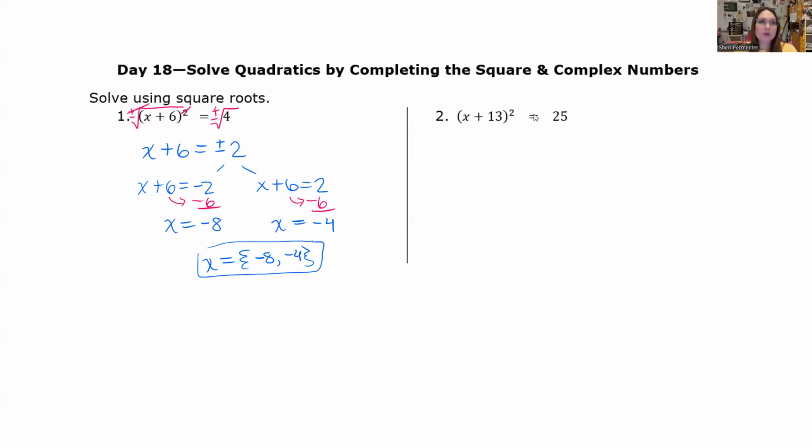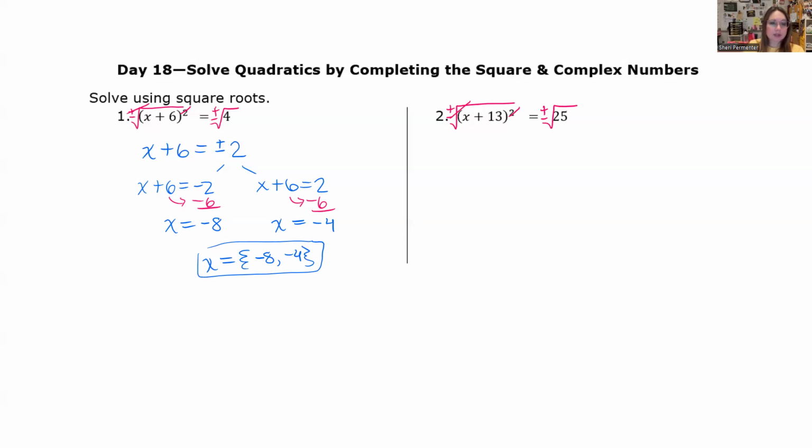All right, let's do another one. How do you undo something squared? Take the square root. So I just have to do plus and minus the square root for both sides. Squaring a square root or square rooting a square, they cancel.